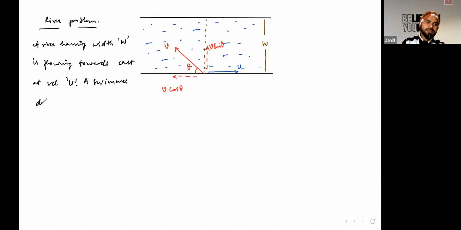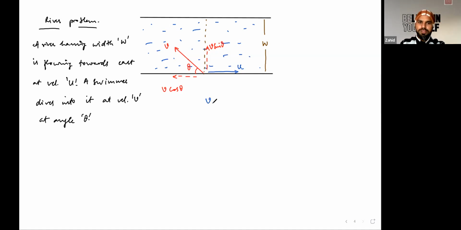A swimmer dives into it at velocity v at angle theta. So you may define some of the terms.